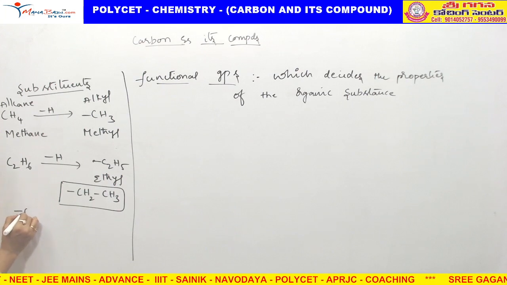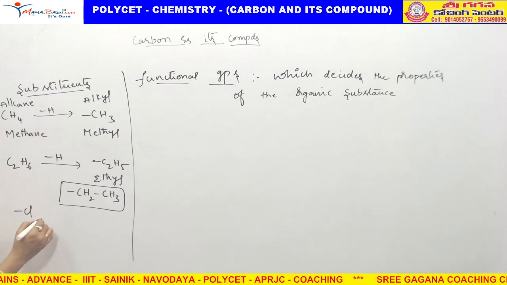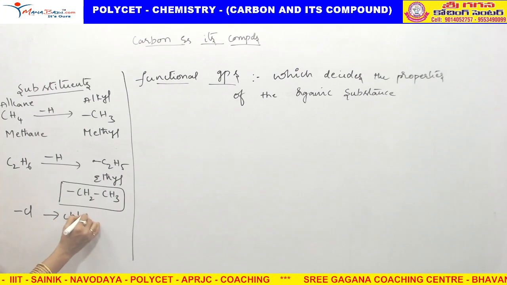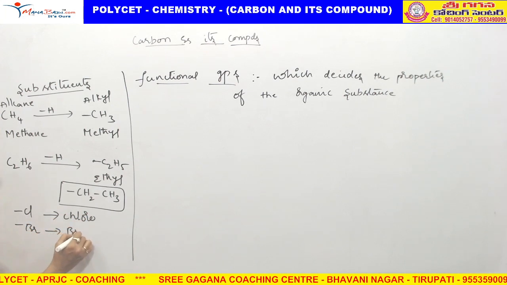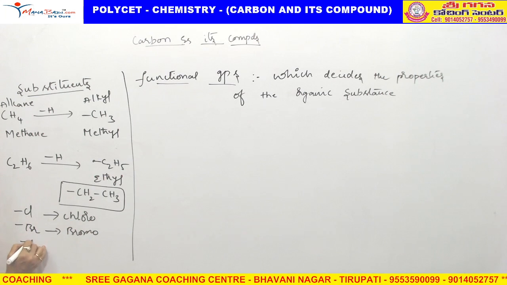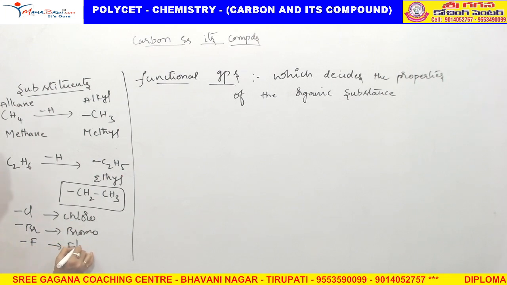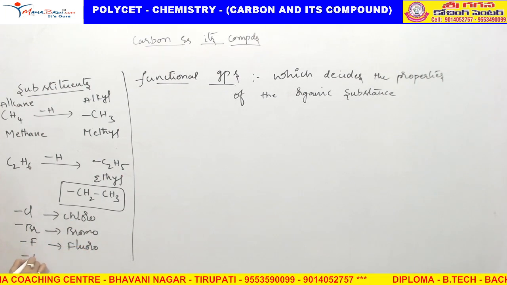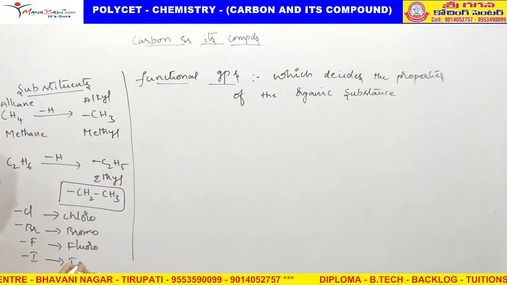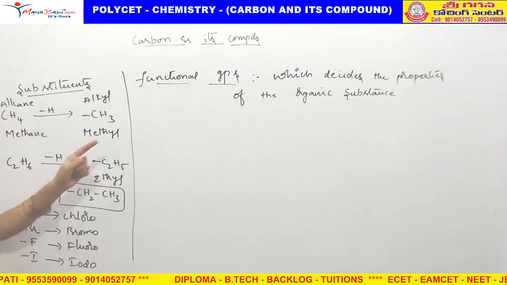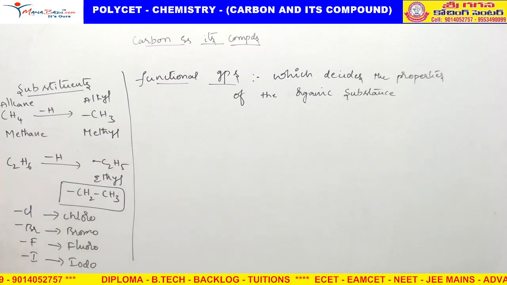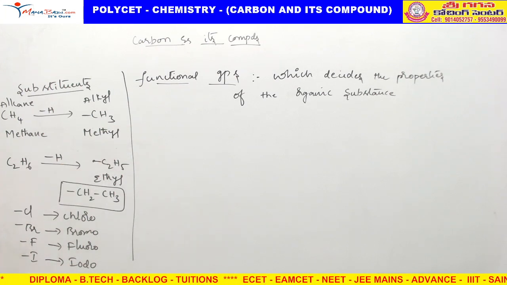And chlorine. If you add chlorine, that name is chloro. Bromine, bromo. Fluorine, fluoro. Iodine, iodo. All these we use as substituents. So these do not come under the functional group, so I have given the name here itself.